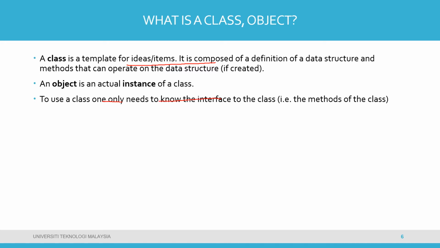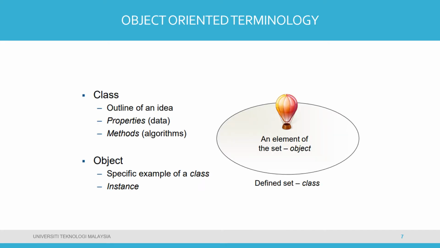To use a class, one only needs to know the interface to the class. So, object-oriented terminology: the class is just an outline of the idea, properties, and methods. An object is a specific example of the class.